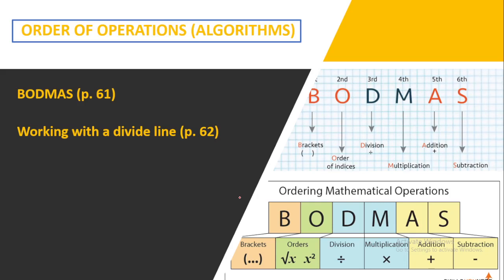Starting with BODMAS, the order of operations, this is now from page 60 of your textbook. Please be aware that I will be using a soft copy book, which I am not allowed to share because of copyright and breaking confidentiality within my agreement or contract. If you want the ebook, you can sign up for it on Edge Education.